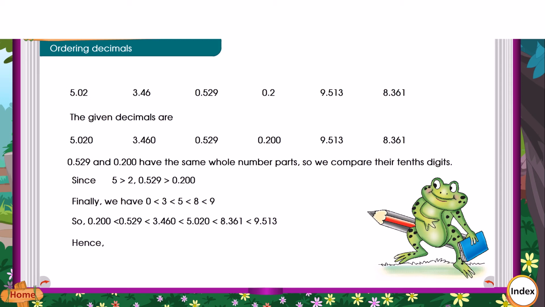Hence, 0.2 is less than 0.529 is less than 3.46 is less than 5.02 is less than 8.361 is less than 9.513 are in ascending order.